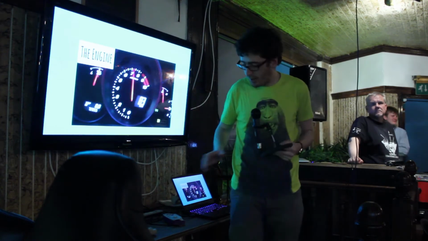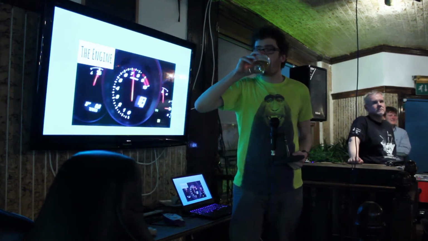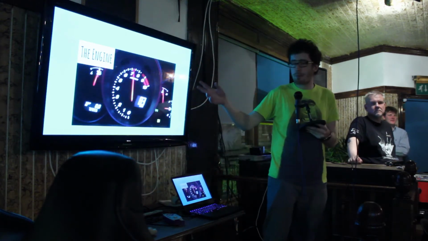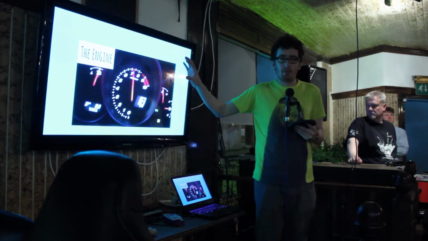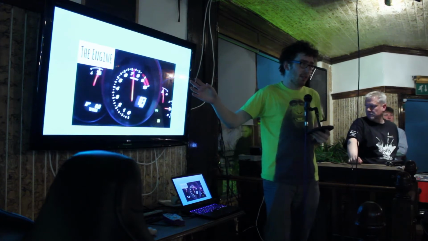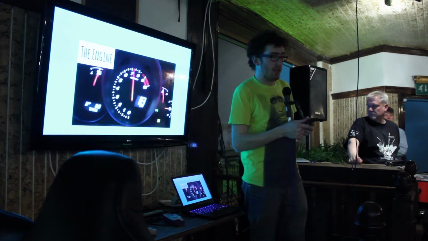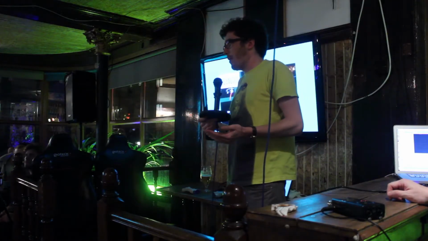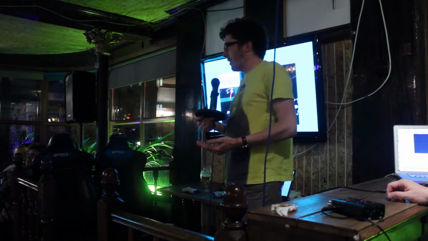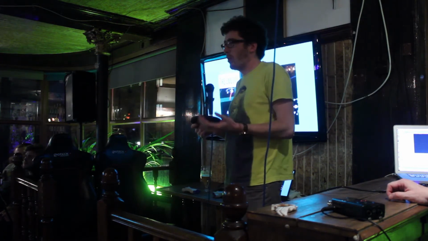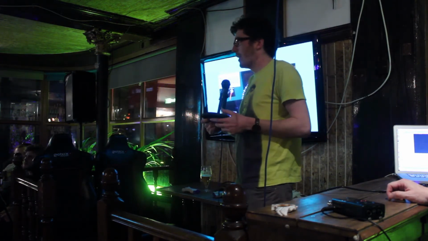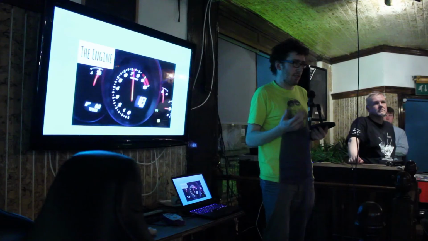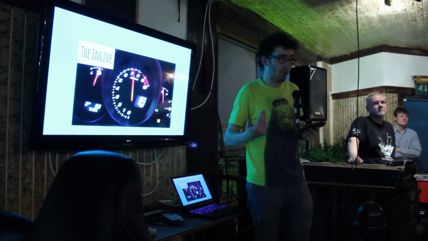So, the engine. I use this illustrative clip art instead of an actual engine, because probably in your game you don't actually care about the engine. No one's going to see it. It's not really important to simulate it perfectly unless you're making a real car physics simulator game, in which case you probably know more than I do already.